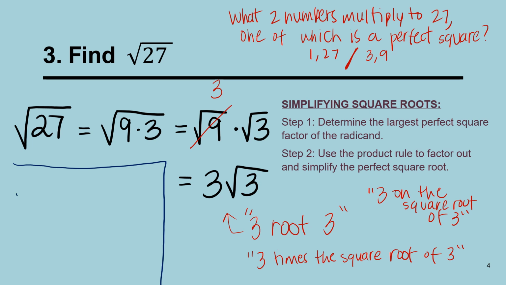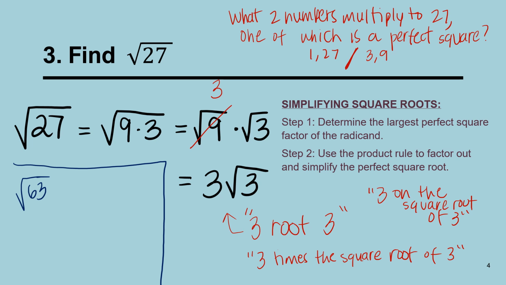All right, let's say we have the square root of 63. 63 is not a perfect square. There's no number that you can multiply by itself to get 63, but there are lots of things that multiply to 63. Of course, 1 and 63.